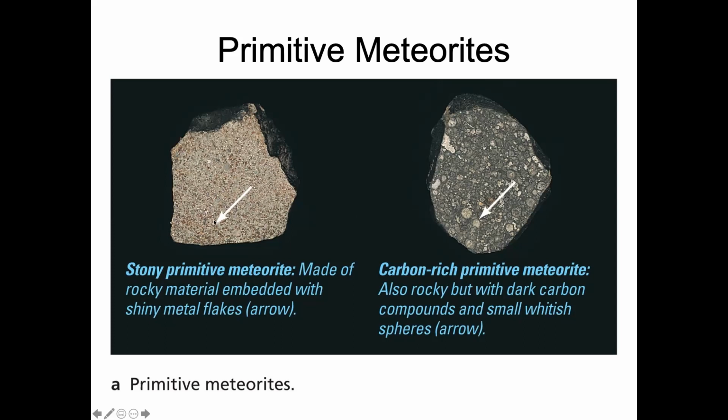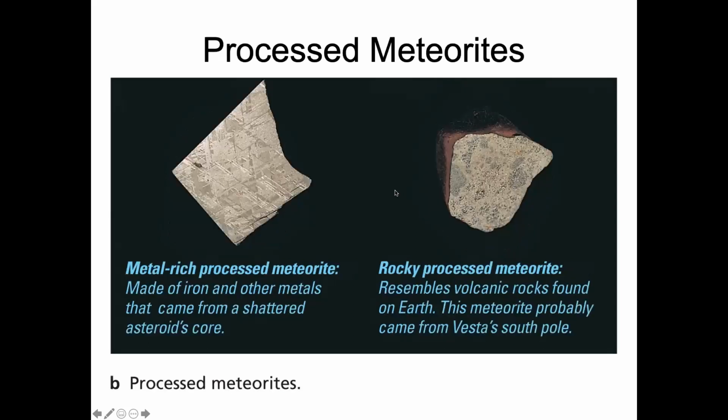Others are just a random accumulation of stuff, like this rocky one with a little bit of metal flakes in it, or this darker rocky one with the small whitish compounds that hit against it. These are our primitive meteorites, and these are our processed ones.